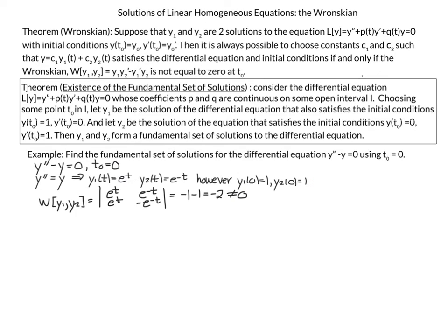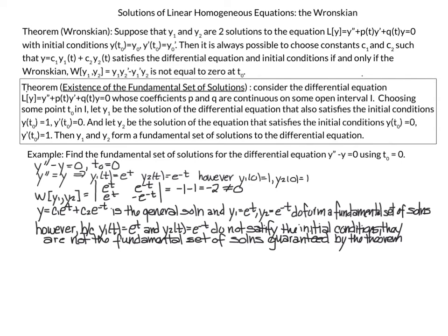However, I can use the theorem about the Wronskian to show that y1 and y2 are fundamental solutions. I can calculate the Wronskian. Here's y1, y2, the derivative of y1, the derivative of y2. You see the Wronskian is -2, which is never equal to 0, which means these two solutions are fundamental solutions. So keeping those two things in mind, we're going to square them right now.